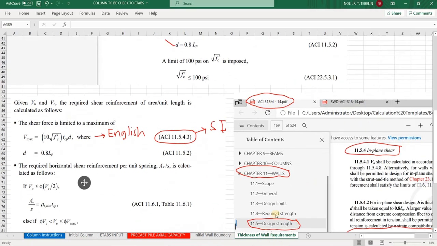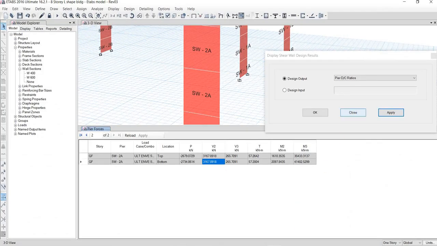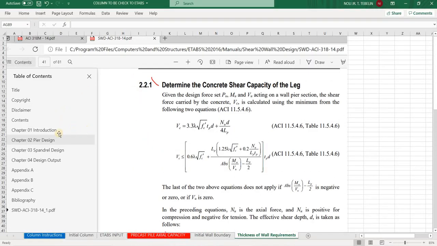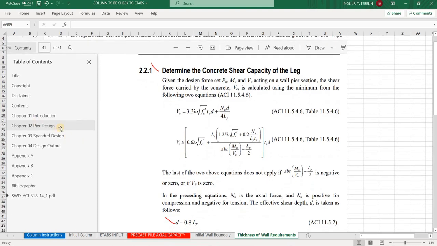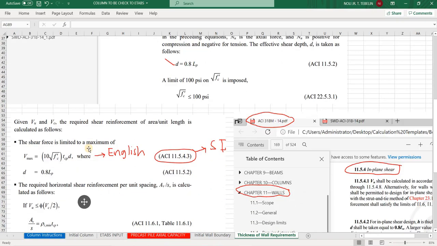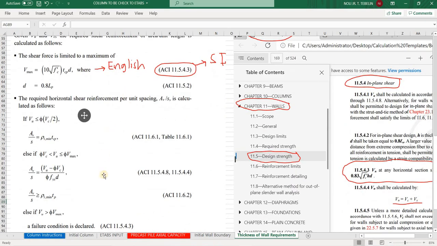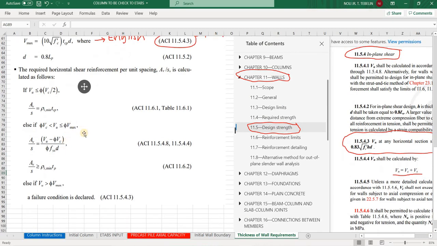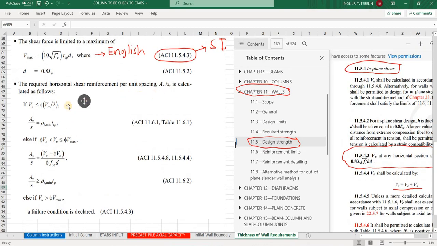Okay, so I also have here this excerpt from the concrete design of the ETABS. This is how ETABS formulates or programs it.